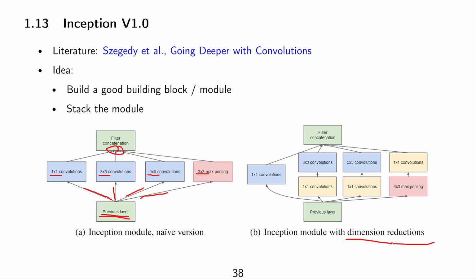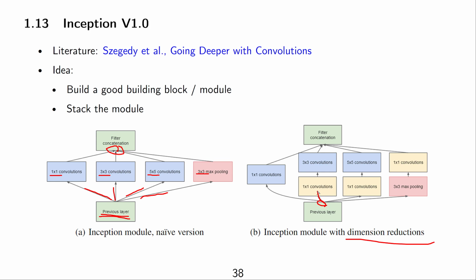This inception module with dimension reductions can help to reduce computations and can also, in some sense, help to reduce memory. So again, we have this previous layer, but what if before we actually perform these 3 by 3 convolutions, we first reduce the number of channels with a 1 by 1 convolution?